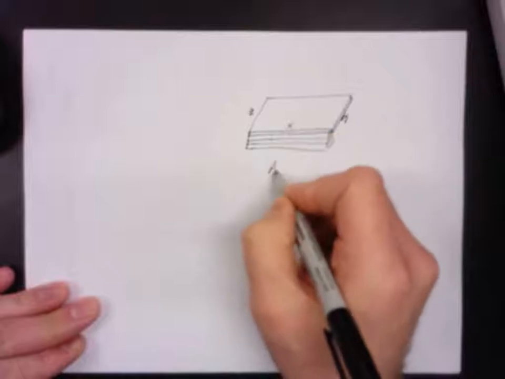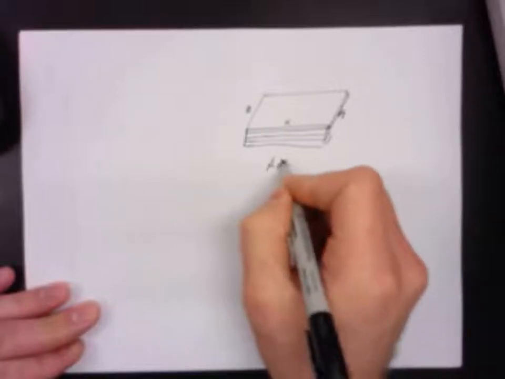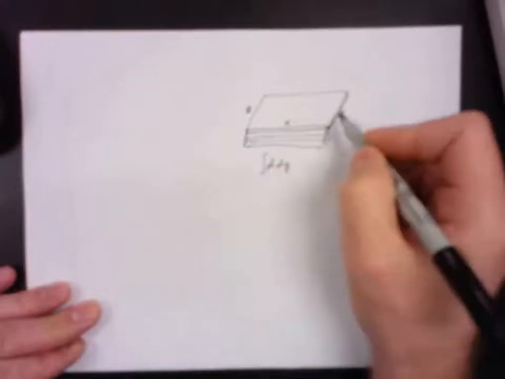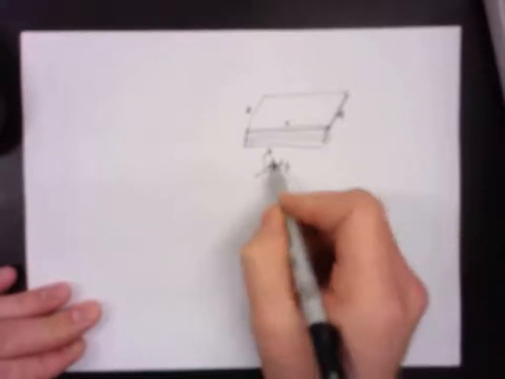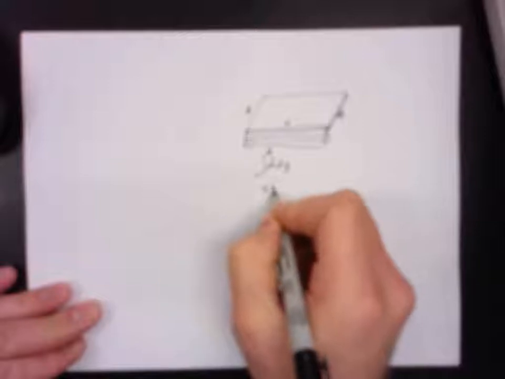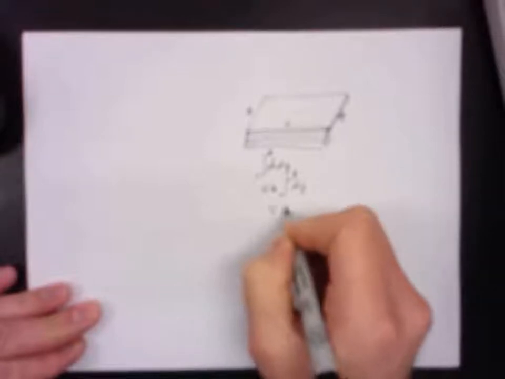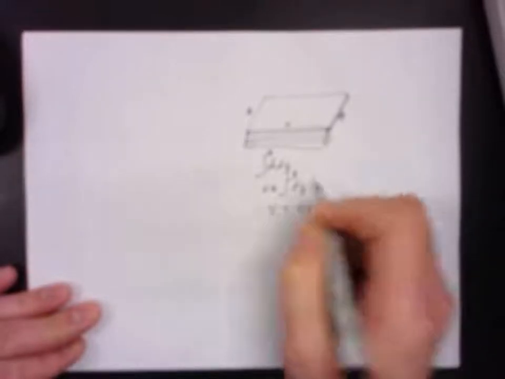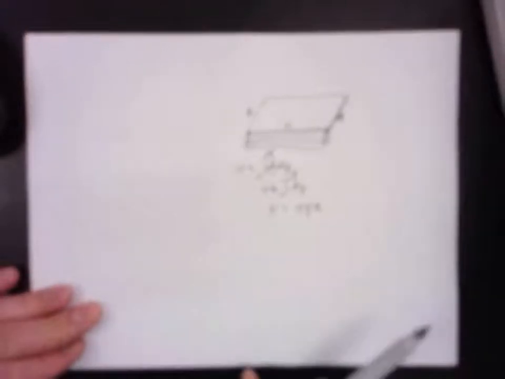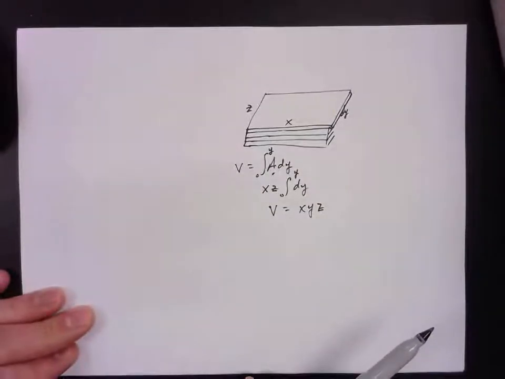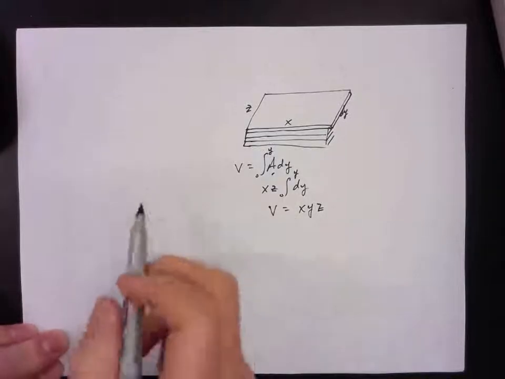So the area times dy, if we integrate those infinitely small heights from 0 to y, the area of that sheet is x times z. Integrate this with respect to y, you get a volume of xyz. So the volume is the integral of the area times its other dimension.